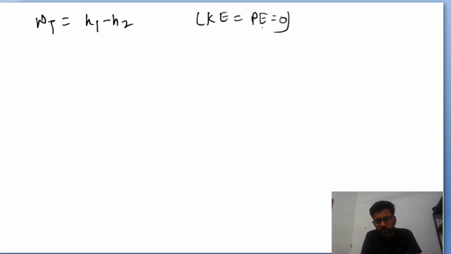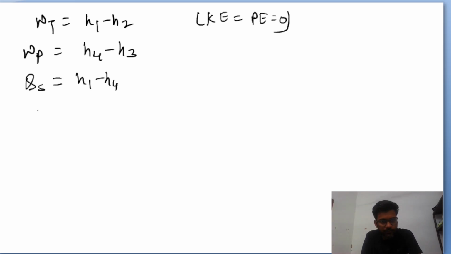Now the turbine work is H1 minus H2, it is a steady flow device, and we consider the kinetic and potential energies negligible. So KE and PE are 0. The pump work is H4 minus H3, heat supplied is H1 minus H4, heat rejected is H2 minus H3.